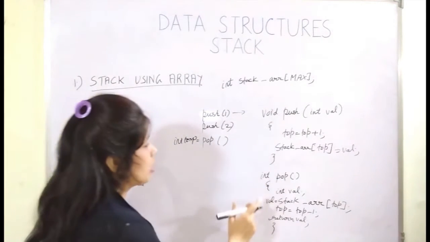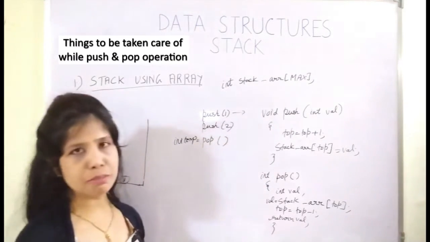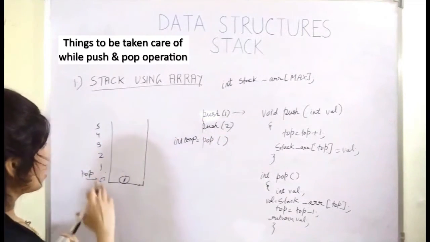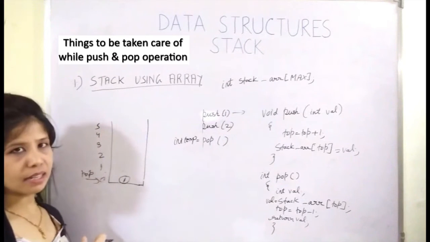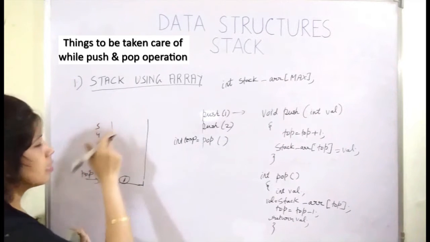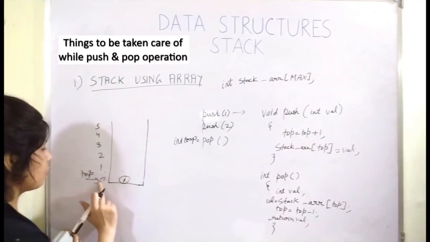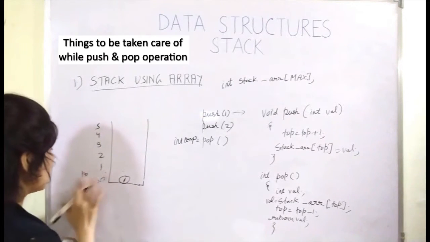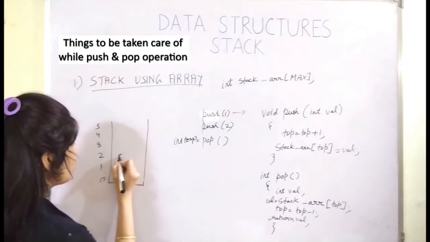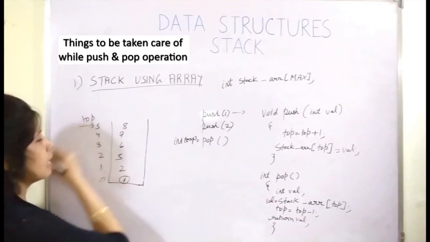In this push and pop, first of all, what things do we have to keep in mind? What about the situation when your stack is full? Suppose my size of the stack is 6. So indexing will be from 0 to 5. Suppose all these values are stored, and now the top is here.